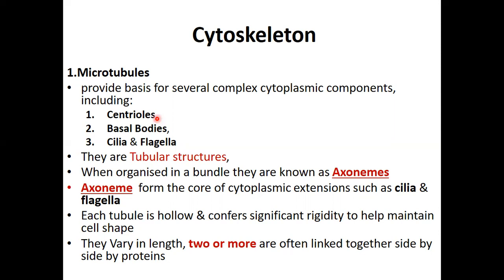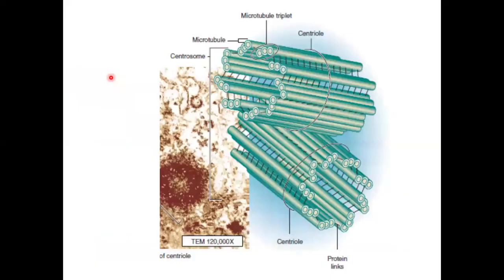So who separates those chromosomes, so that this side we have equal, this side we have equal? They are the centrioles. And what makes centrioles are microtubules. So what we are seeing here are microtubules. And if you put these microtubules in one bundle, they form what we call a centriole.